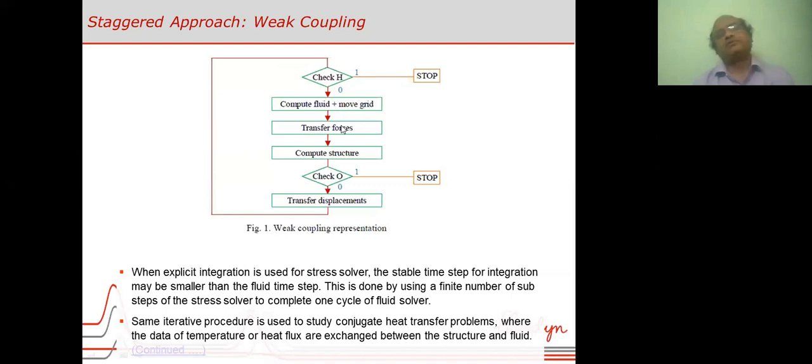Then transfer the forces to the structural solver, then compute the structural deformation, and check whether convergence is reached or the required simulation time is over. If yes, stop; otherwise transfer the displacement to the fluid, and go back to the beginning of the loop.